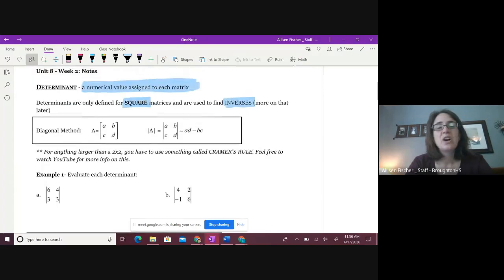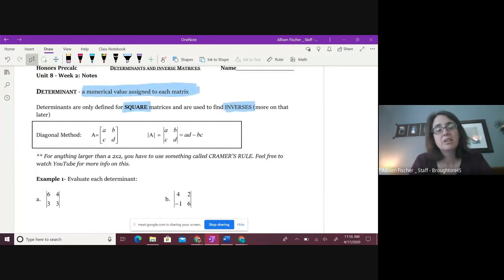Okay, so in order to find a determinant, we are going to use something that's called the diagonal method. Oh, let me back up a minute. If you look at this notation right here that looks like absolute value, that is the notation that's going to tell you, hey, find the determinant.